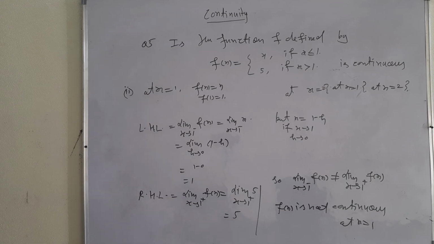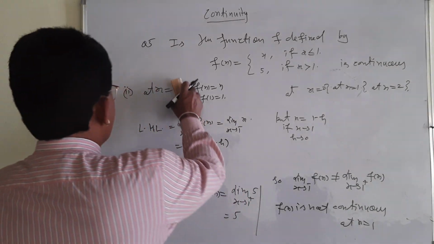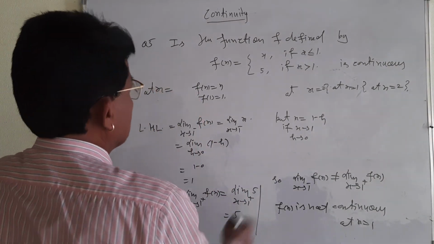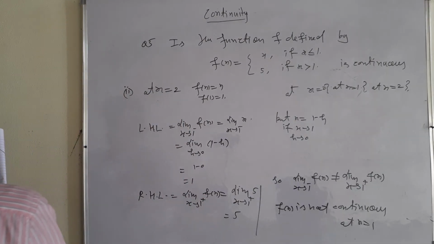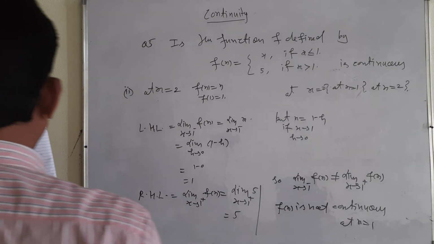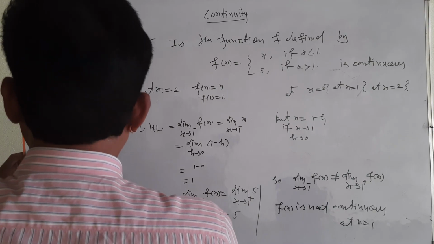Okay, that is why you see the case at 2, whether the function is continuous or not. Let me take the point 2. At 2 you will take x is equal to 2. See the function.